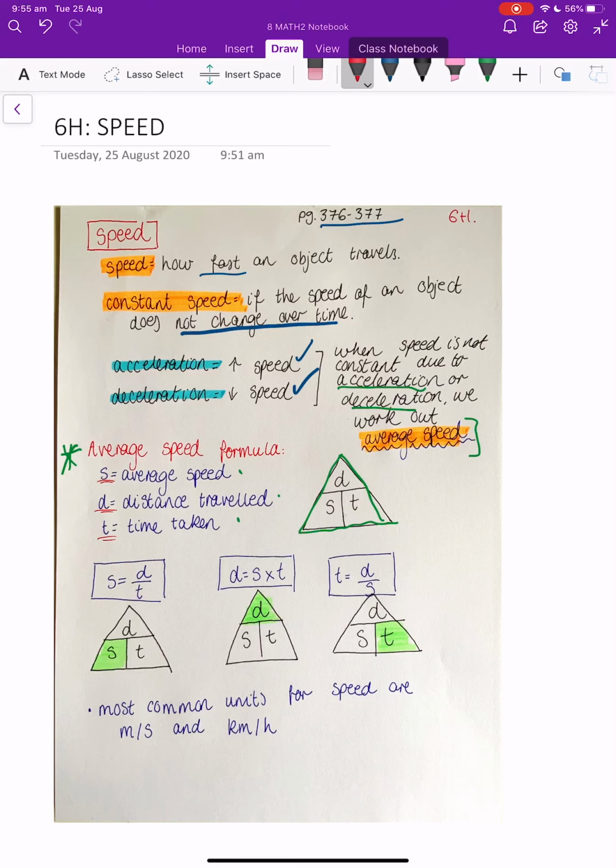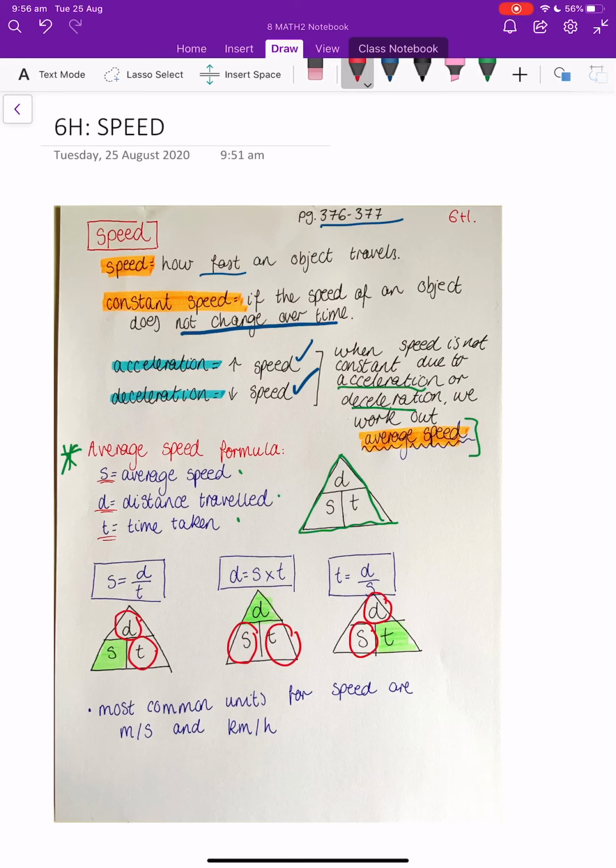So if it asks you to find out the average speed, it will give you the distance and the time traveled. If you want to work out the distance traveled, it will give you the speed and it will give you the time, okay? If it wants you to work out the time taken to travel, it will give you the distance and it will give you the speed.